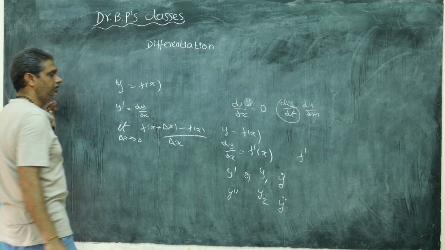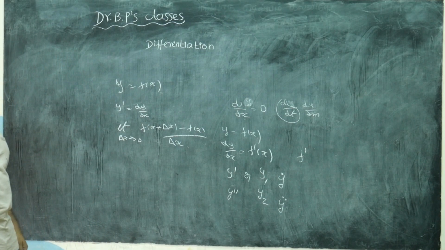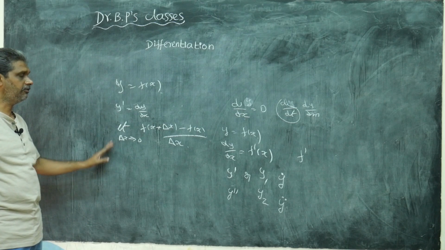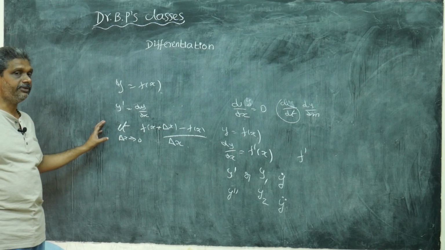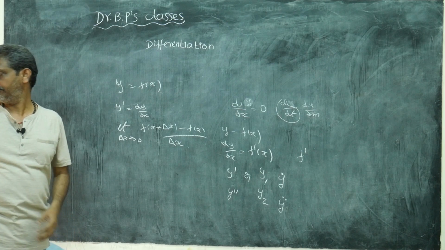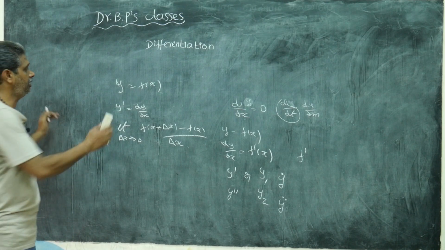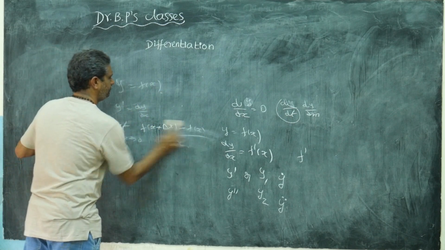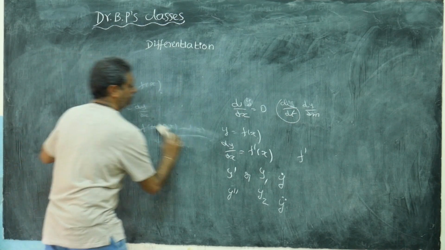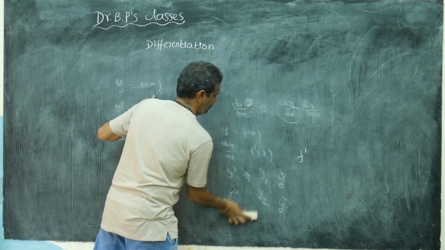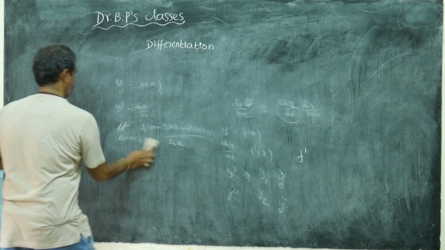This is the differentiation formula. Using limits we can do a lot of things, but I am not dealing with limits now, I will go directly to the formulas only. Now I will give the formulas.